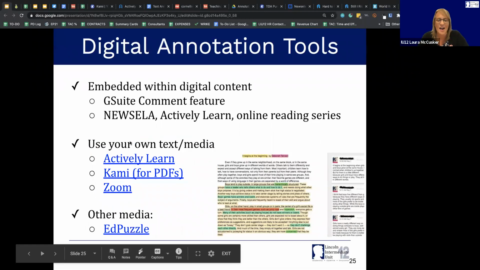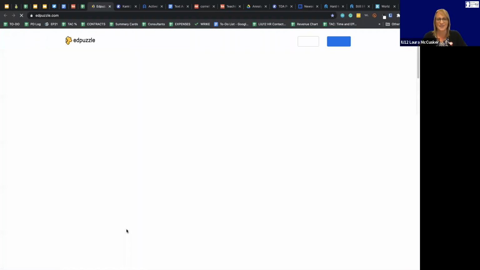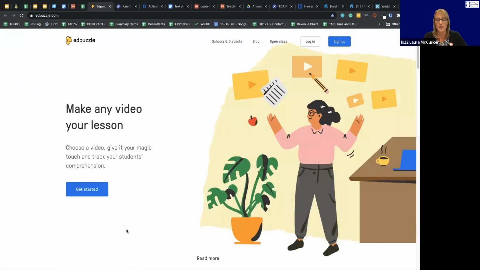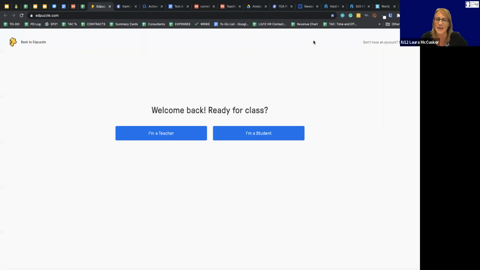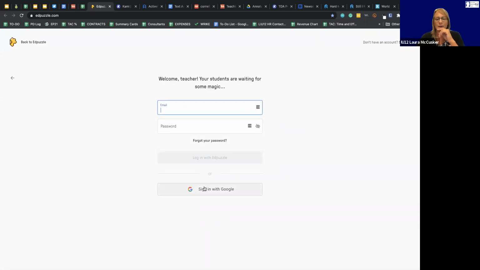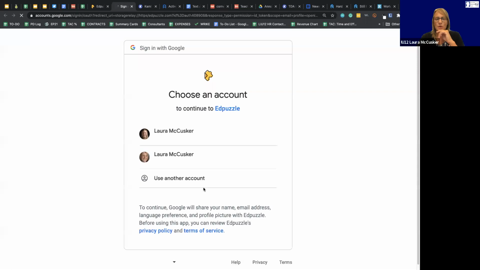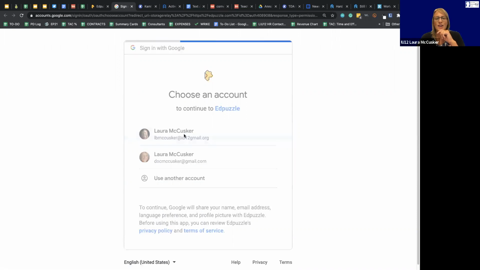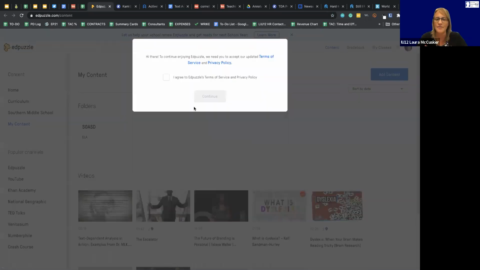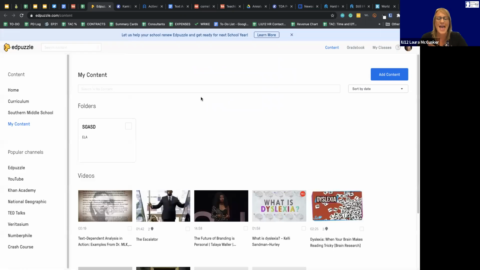Okay. Our last piece here is Edpuzzle. If you are using Edpuzzle for videos, or you're using videos in general, then I'd like to introduce you to Edpuzzle. Here's where you can add in, I'm going to authenticate with Google again. Sorry for my multiple personalities here. What you can do is you can stop a video at any time and you can ask questions.